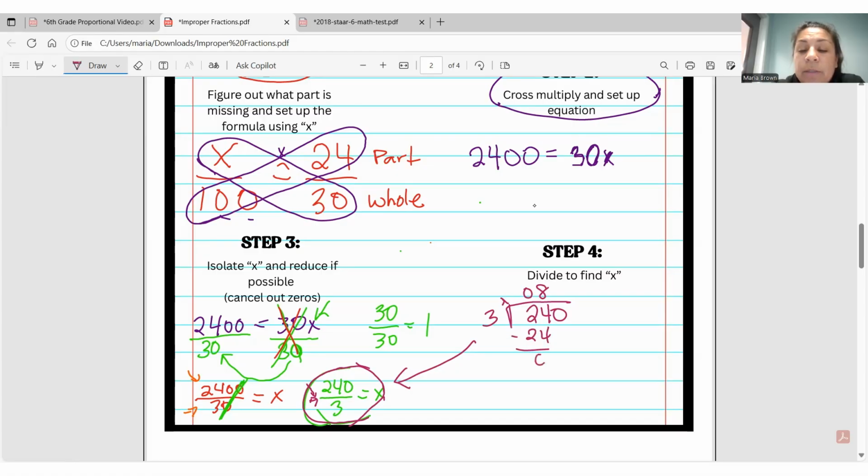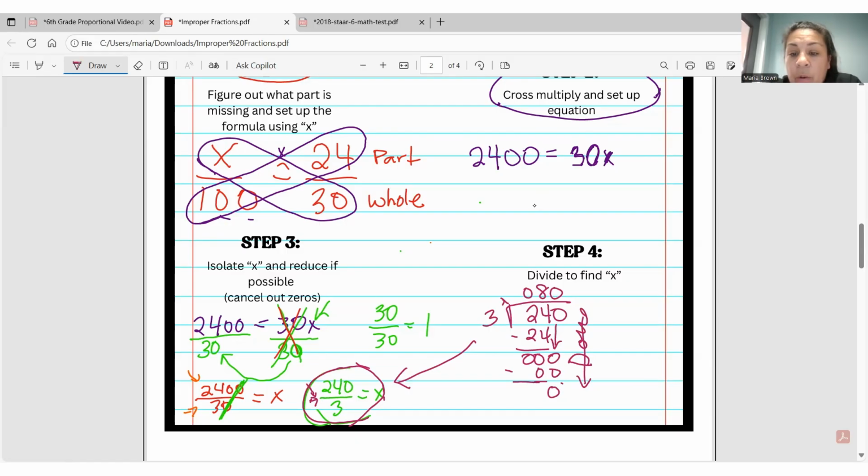Then we minus, bring down the 0. We're not done yet. 3 times 0 is 0. Then we subtract, which gives us 0. There's nothing else to bring down, so I'm done. That's how we know we're done.